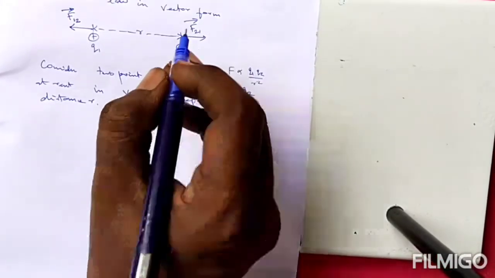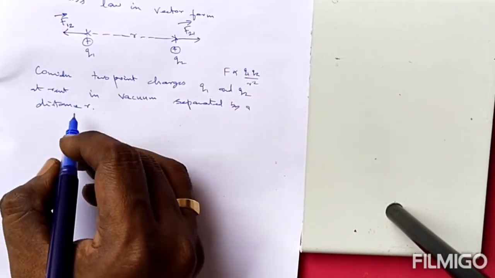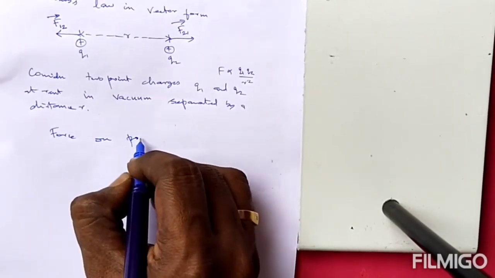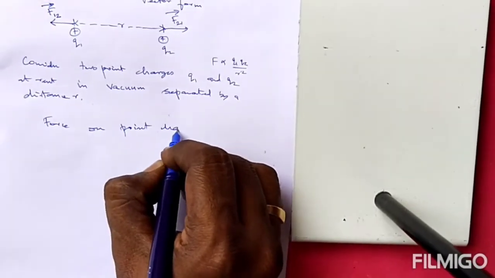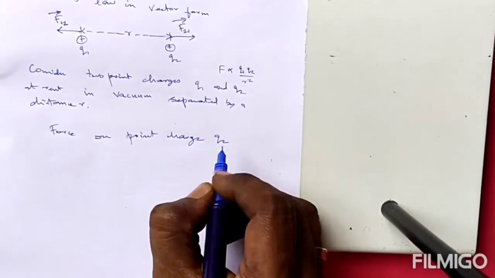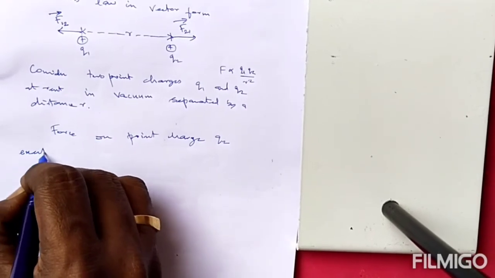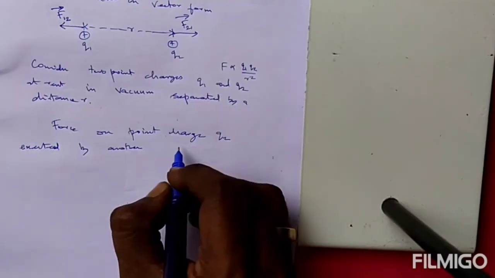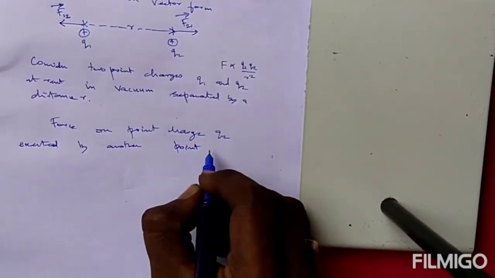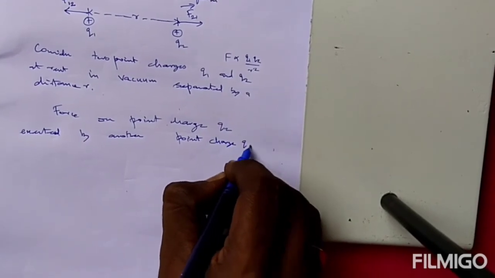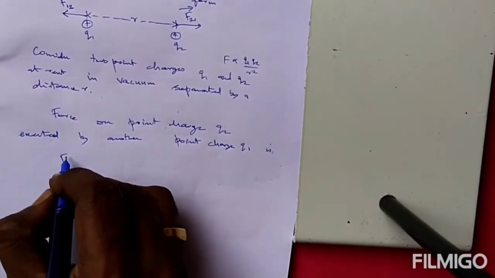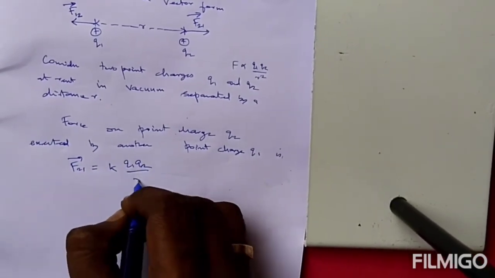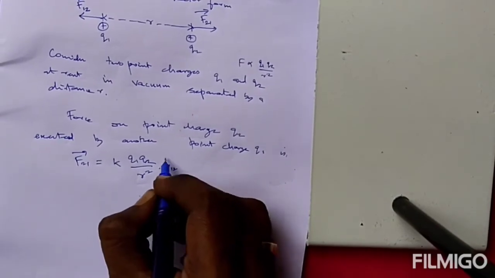Now let us write the force exerted on charge Q2. Force on point charge Q2 exerted by another point charge Q1 is F21 vector is equal to K into Q1 Q2 by r square into R12 cap.